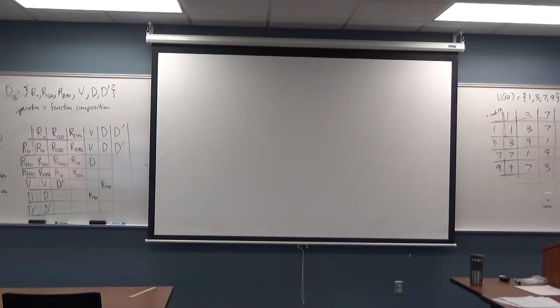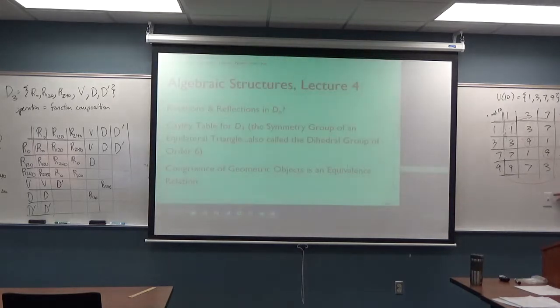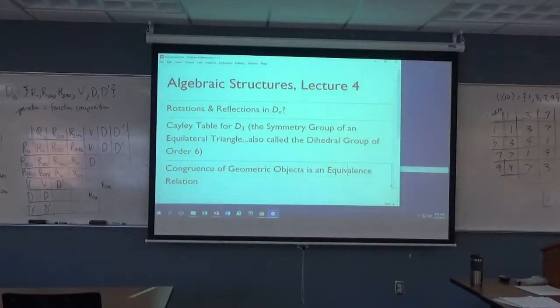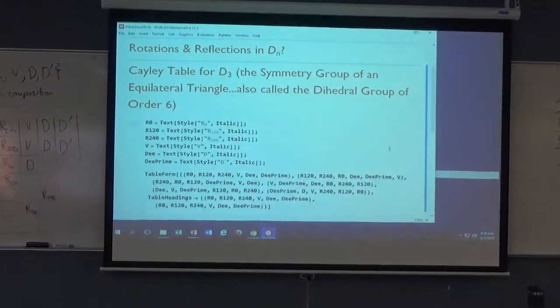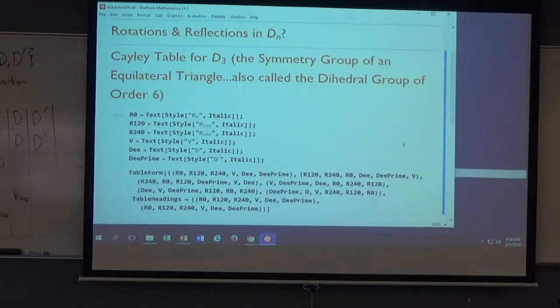I did try to get Mathematica to do this, but believe it or not, I was having trouble getting it to be ideal. I did make a Cayley table in Mathematica, but it was not doing anything fancy.